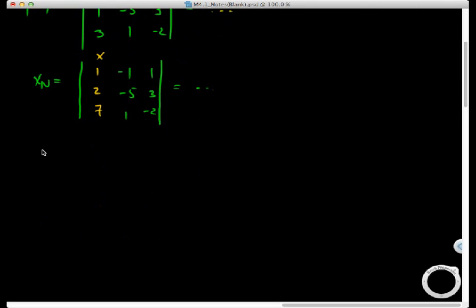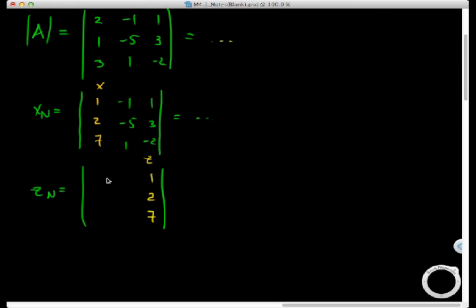To make sure we've got the concept, I'll skip the y numerator for now. For our z numerator, we would replace the z column this time with the right-hand side, while the rest of the matrix would remain the same. So 2, 1, 3, and negative 1, negative 5, 1. Those 2 columns remain the same.